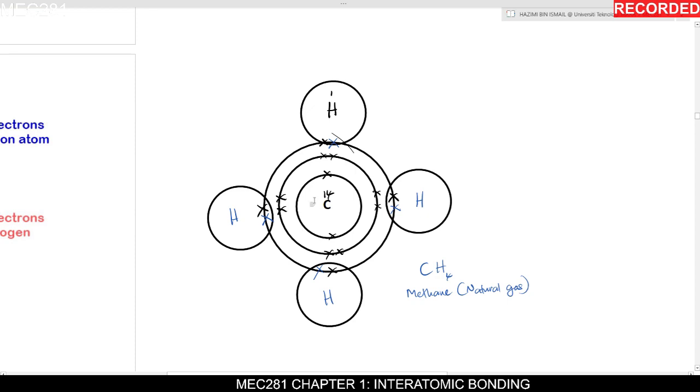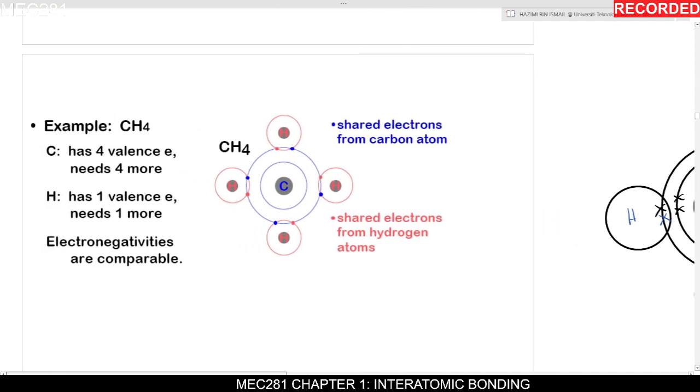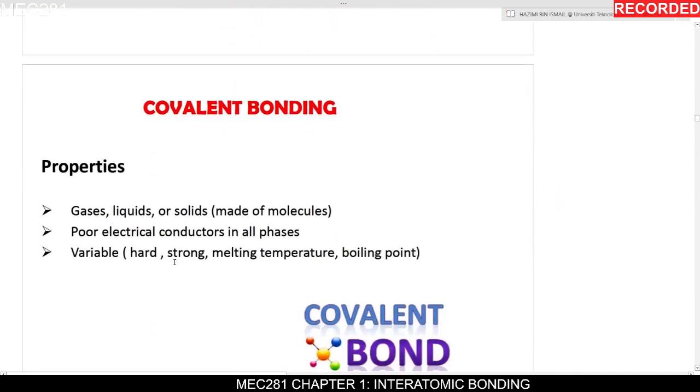I did not say that electrons are not moving. Of course, electrons are moving on their shells, but they are not transferred between the elements here.